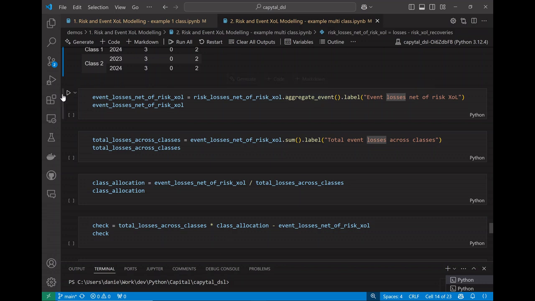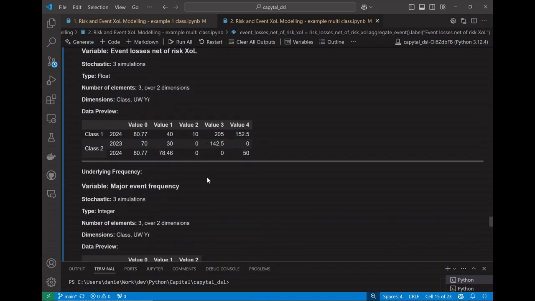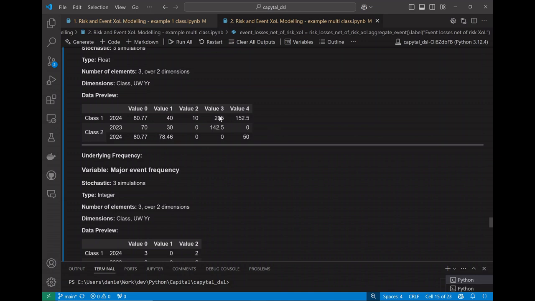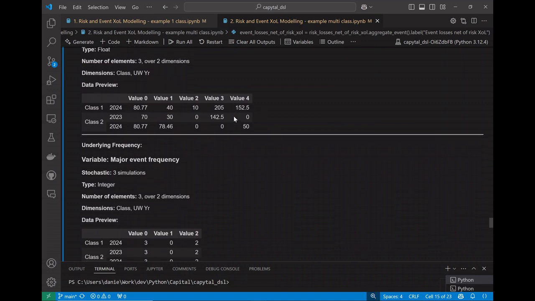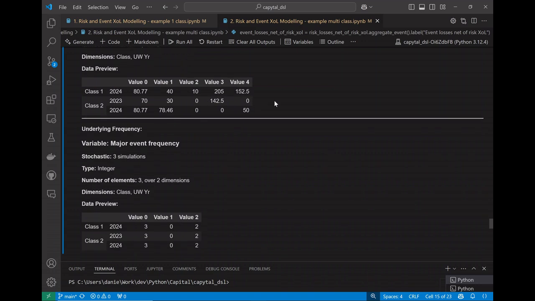So that's definitely a good step. This gives us up to five major events here. 3 in the first sim and 2 in the third sim, with nothing happening in the second sim.